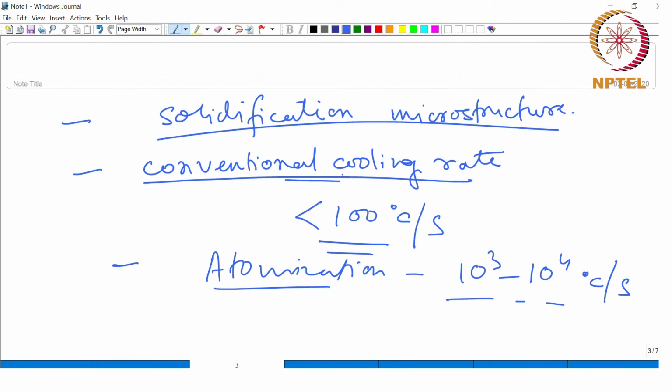Okay. So, this is going to have a huge impact on the microstructure of the solid. Now, if you talk about the microstructure that this kind of conventional cooling rate will generate, then you need to look at those microstructural features which will characterize this kind of microstructure.